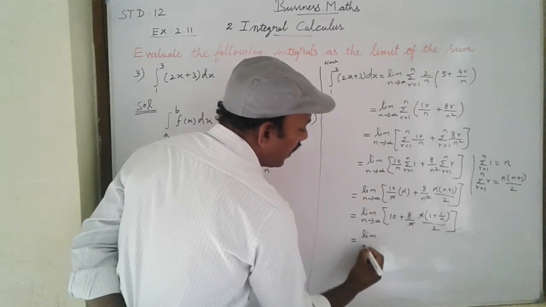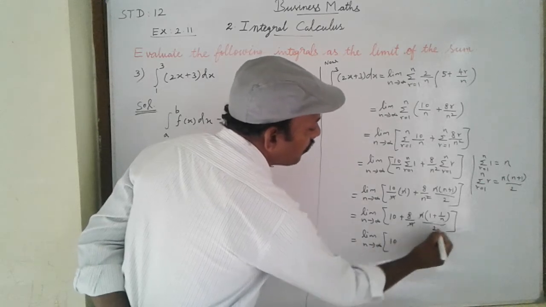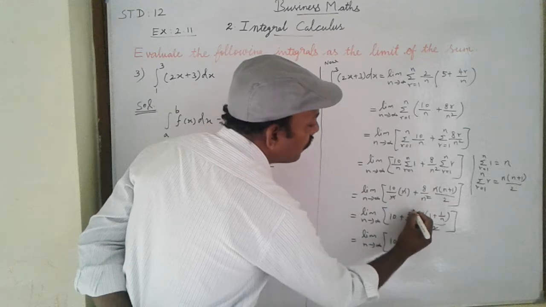Limit n tends to infinity, 10 plus 2 and 8 is cancelled 4 times.